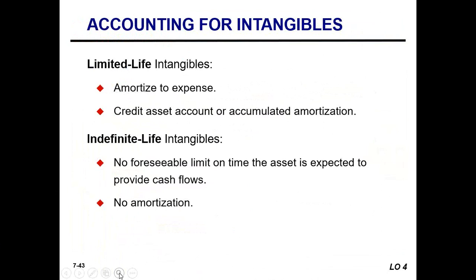For our purposes, instead of having an accumulated amortization account, we will credit the asset account directly and debit the amortization expense account on our income statement side of our equation. Indefinite life intangibles are not amortized. We don't know how long they're going to be of value to the company. So let's talk a little bit more about those.